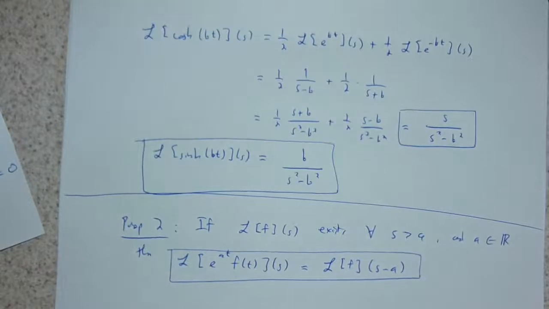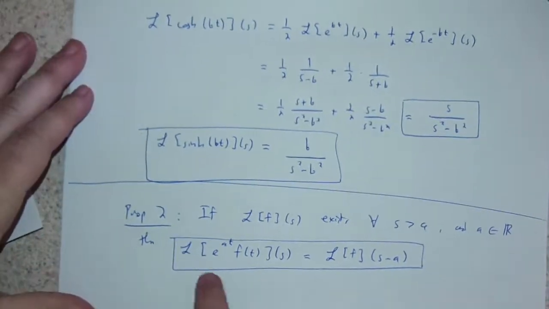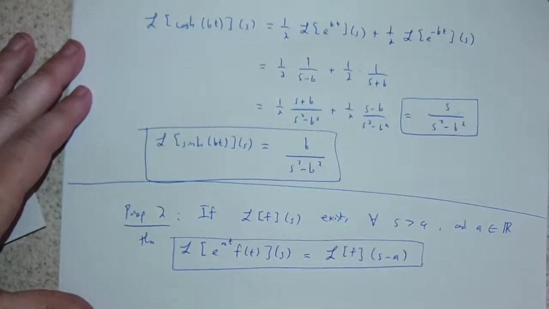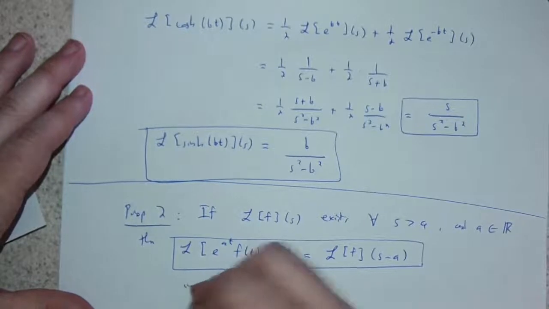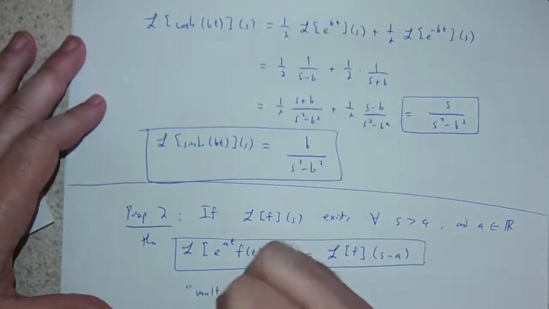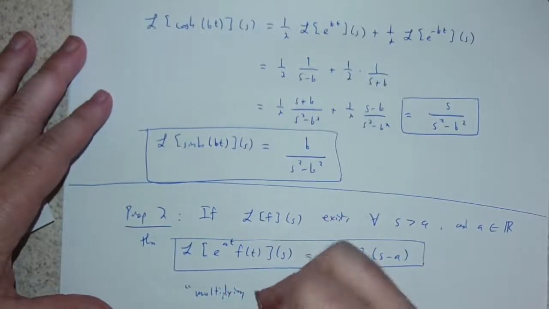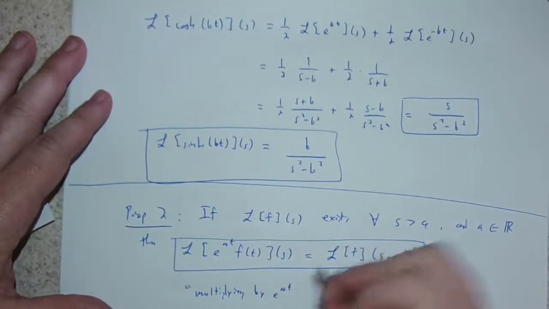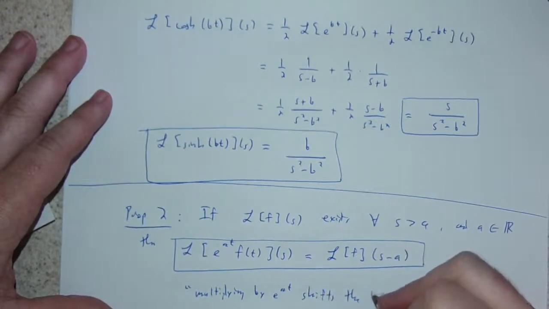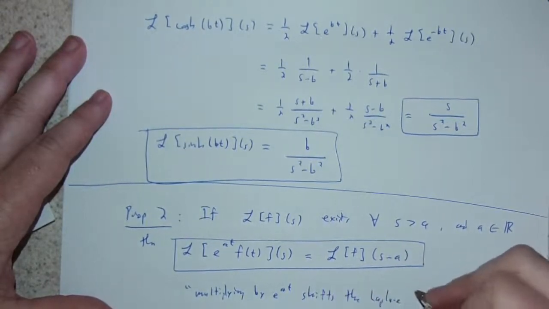Now, you can remember this boxed relationship. There's nothing wrong with remembering this. Conceptually, a thing that makes this easier to remember is the following: multiplying by e to the at shifts the Laplace transform by a.